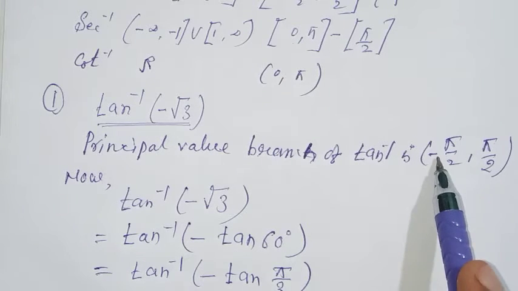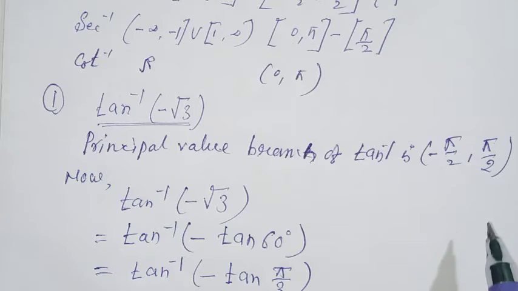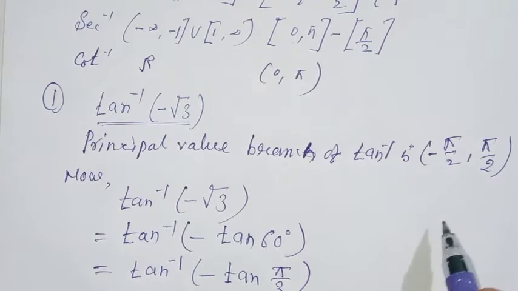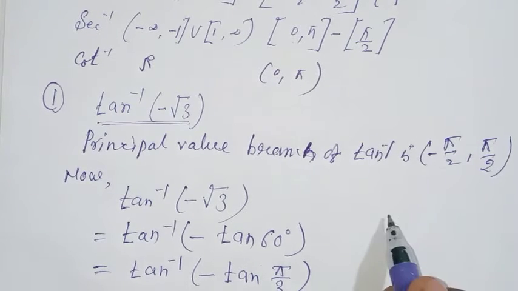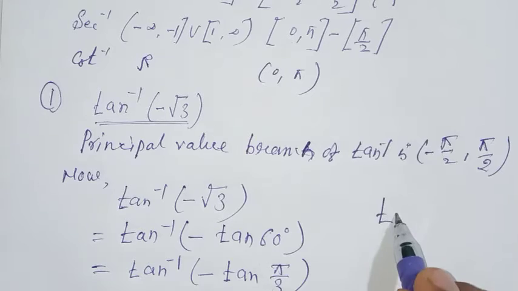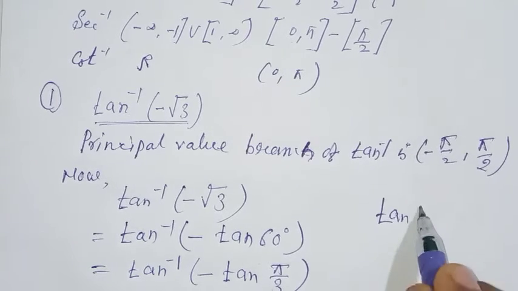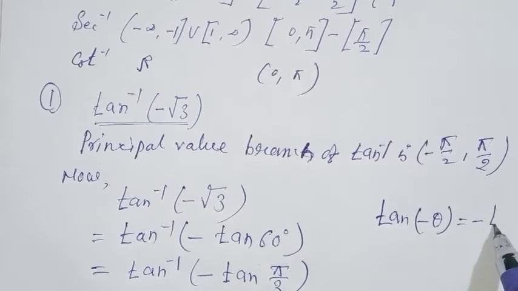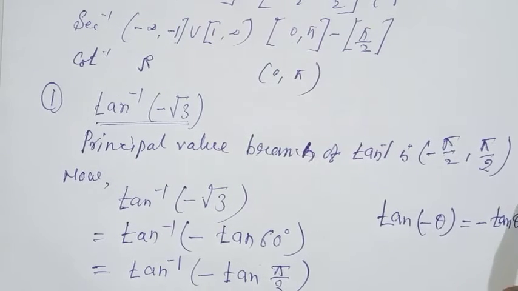Minus pi by 3 is between this and this. So we cannot go to the next step, and we cannot cancel this and this because there is a minus. So you have to change this minus now. How can we write it? We can write it in this form: tan of minus theta equals minus tan theta.